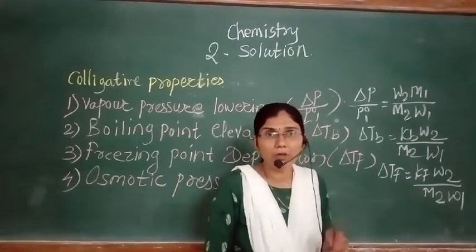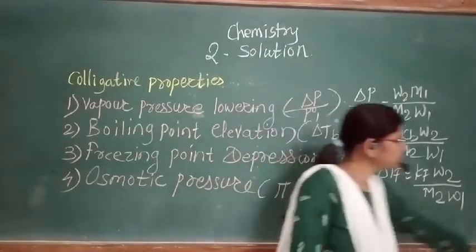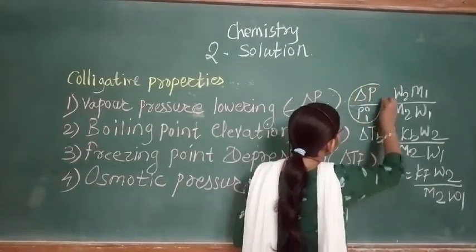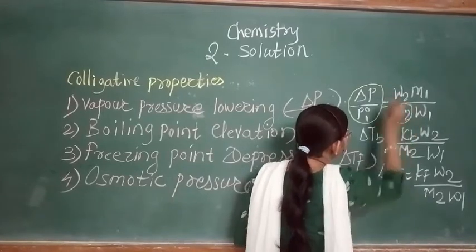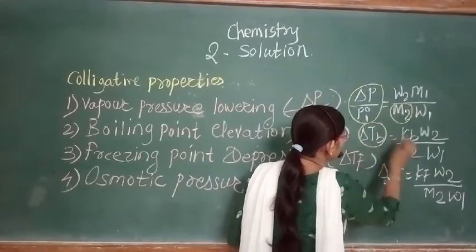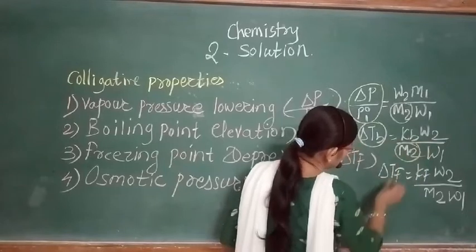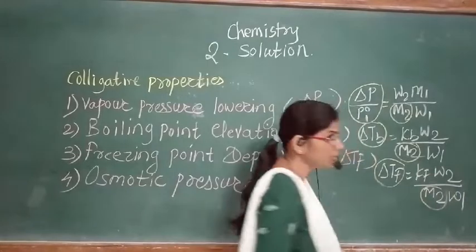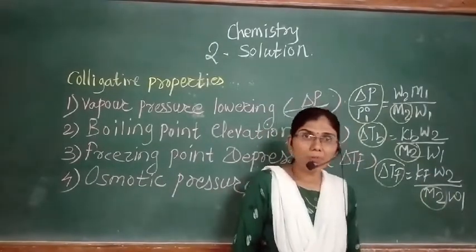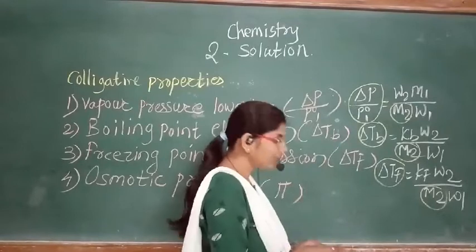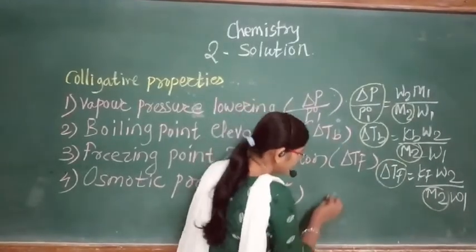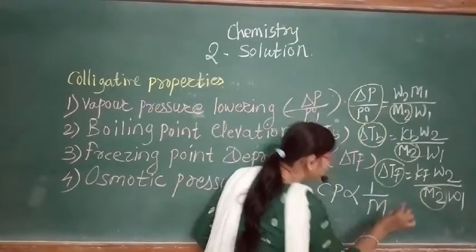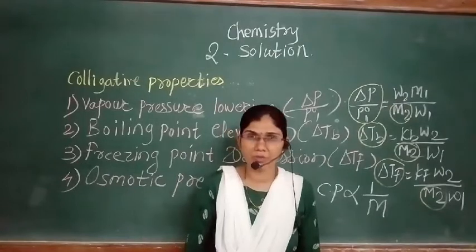And if we observe carefully all these colligative properties, that means the relative lowering of vapor pressure and molar mass of the solute, elevation in boiling point and the molar mass of the solute, and the depression in freezing point and the molar mass of the solute, then it is observed that all these three colligative properties are inversely proportional to the molar mass of the solute.